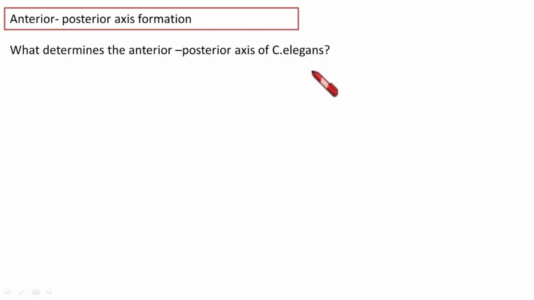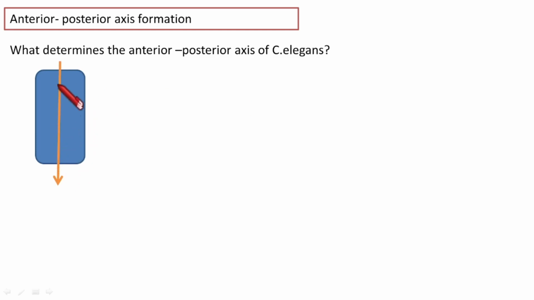It is determined by the elongated axis, which defines the future anterior-posterior axis of the nematode's body. And which end will become the posterior and which end will become the anterior end is decided by the sperm's pronucleus that enters the egg during the time of fertilization.